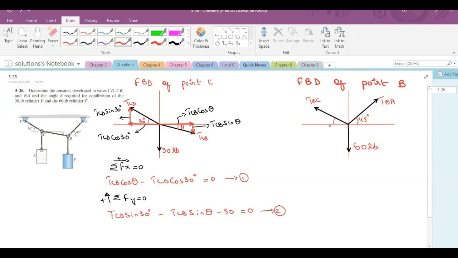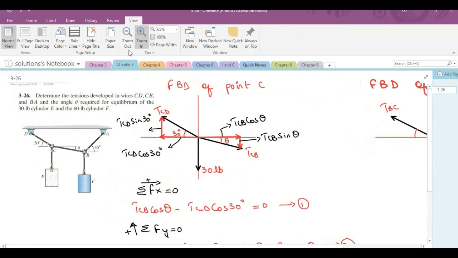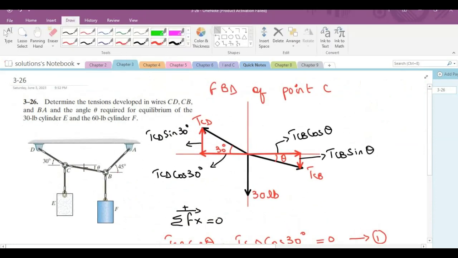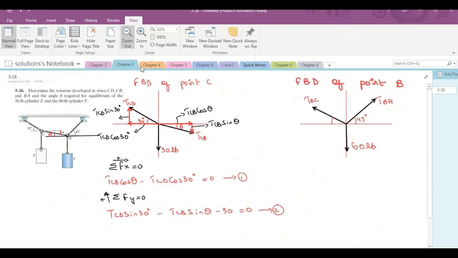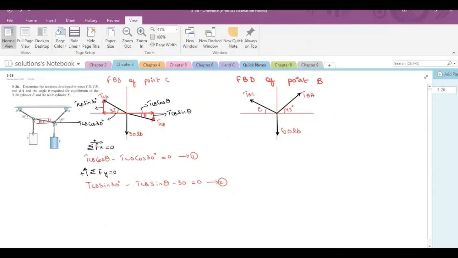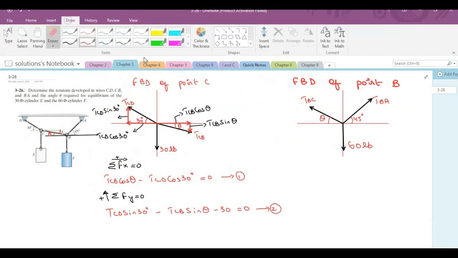Now for this angle, if I look at the figure again, and if I draw a horizontal right here, then this angle right here is also theta, because it is alternate to that angle theta. So we are also going to consider this angle as theta. Now we can resolve them into their components. One horizontal component and one vertical component.